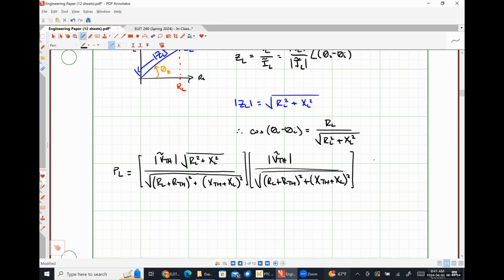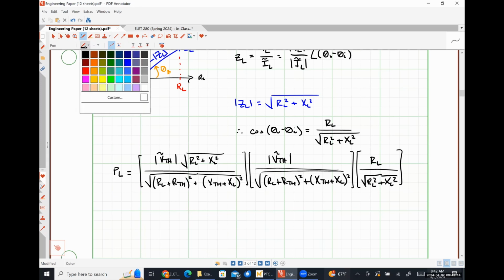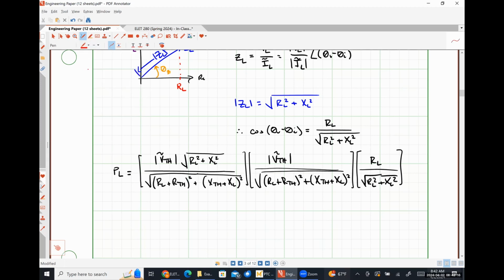And lastly, I'm going to substitute in my cosine. So I just substituted in the three parts that we came up with. And I can see that a couple of things wind up canceling each other out.